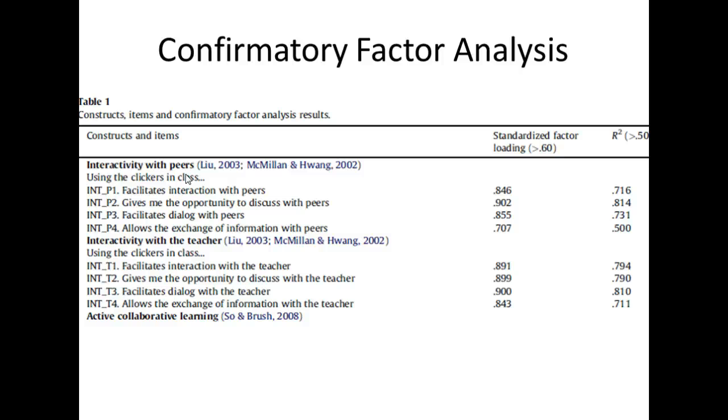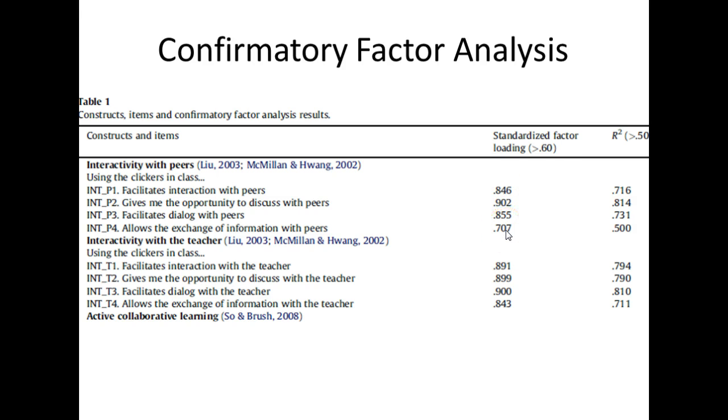We actually don't even run it in the master's level class, but we do run it in the doctoral level quantitative class. But if you understand right now that the values that are included here are all strongly related to the construct that is identified, that's important.